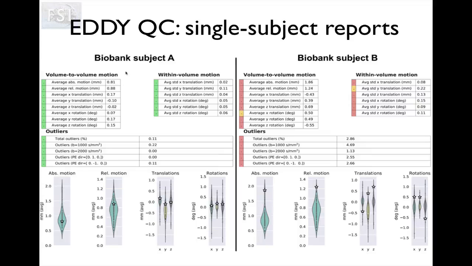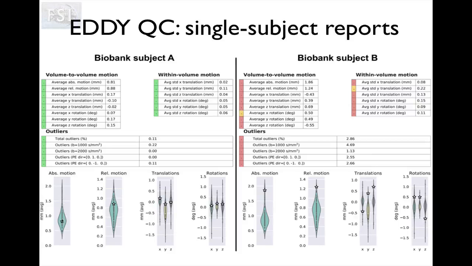Then, when that had been done on all the subjects, the average motion, average translations, average rotations, average within volume motion, outliers, etc. were calculated. Then this subject was revisited with that information, which allowed us to put that subject in the context of all the other subjects.